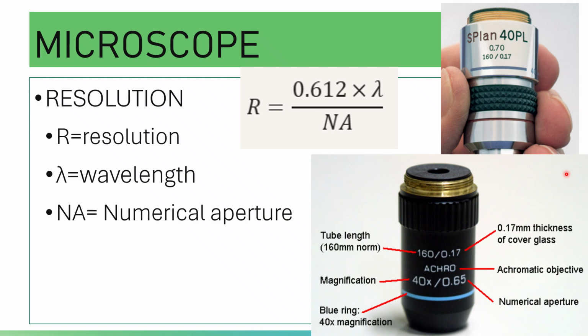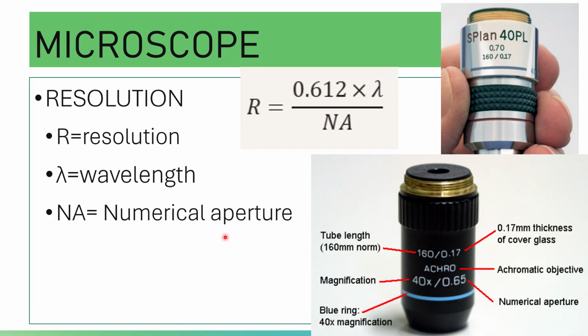And then you have your numerical aperture. Your numerical aperture is a measure of how much light the objective lens can collect.